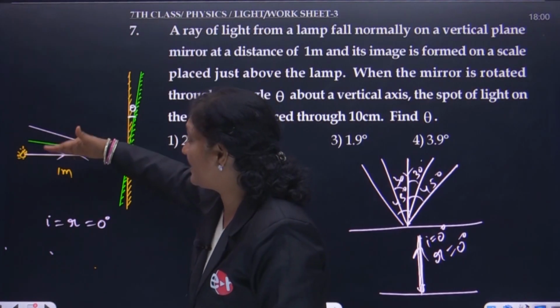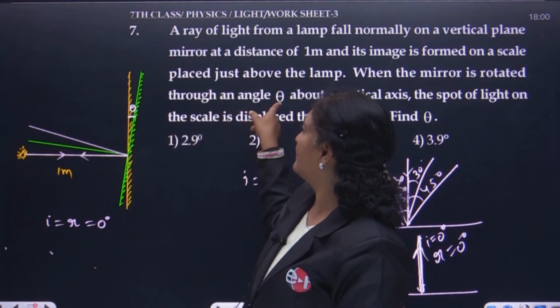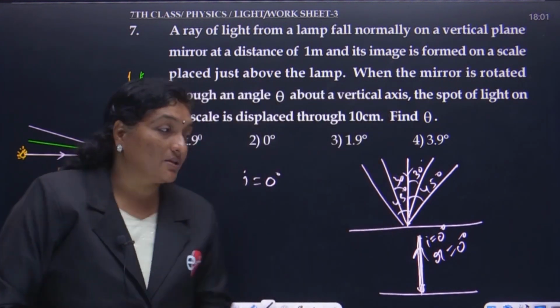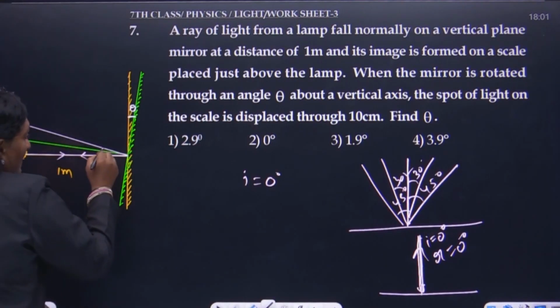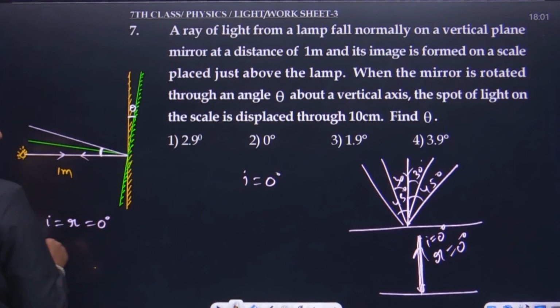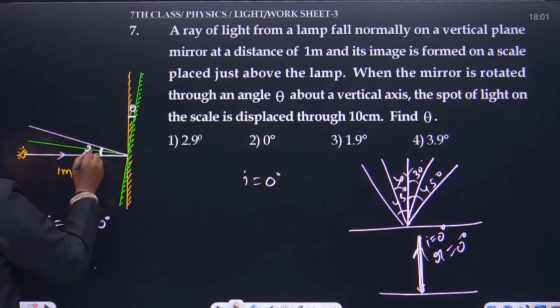So, this reflected ray shifted by 2 theta. Mirror turned by theta means the reflected ray shifts by 2 theta. So, no doubt the angle between the two reflected rays, the first reflected ray and the second reflected ray, is found to be 2 theta.